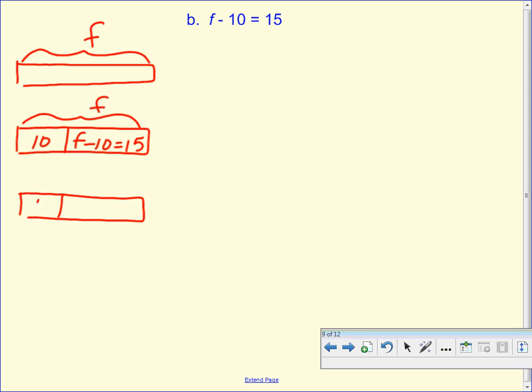So it means if this is 10, that equals 15. So what's my total amount? What was my F? 20. So F equals 25. Now the picture's drawn.